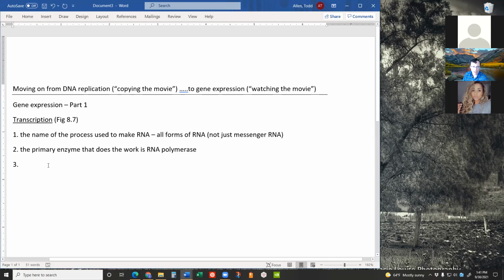The primary enzyme that does the work is RNA polymerase. Here's a question for you in the chat window. Where you are going to have trouble as a student, at least what my experience tells me, is that you're going to understand DNA replication, and you're going to understand transcription, and you're going to understand translation.